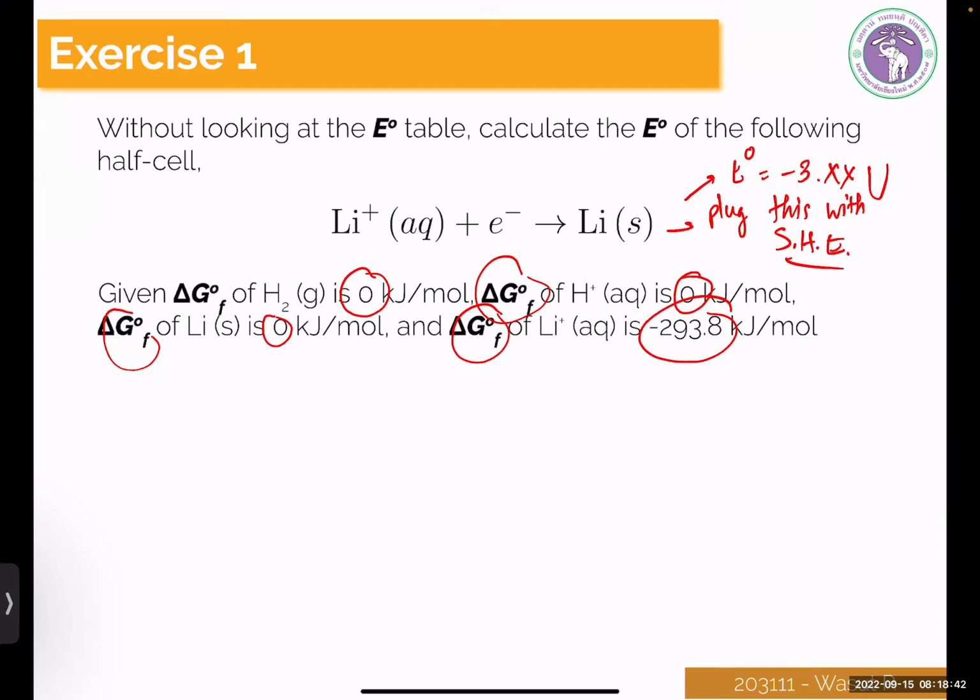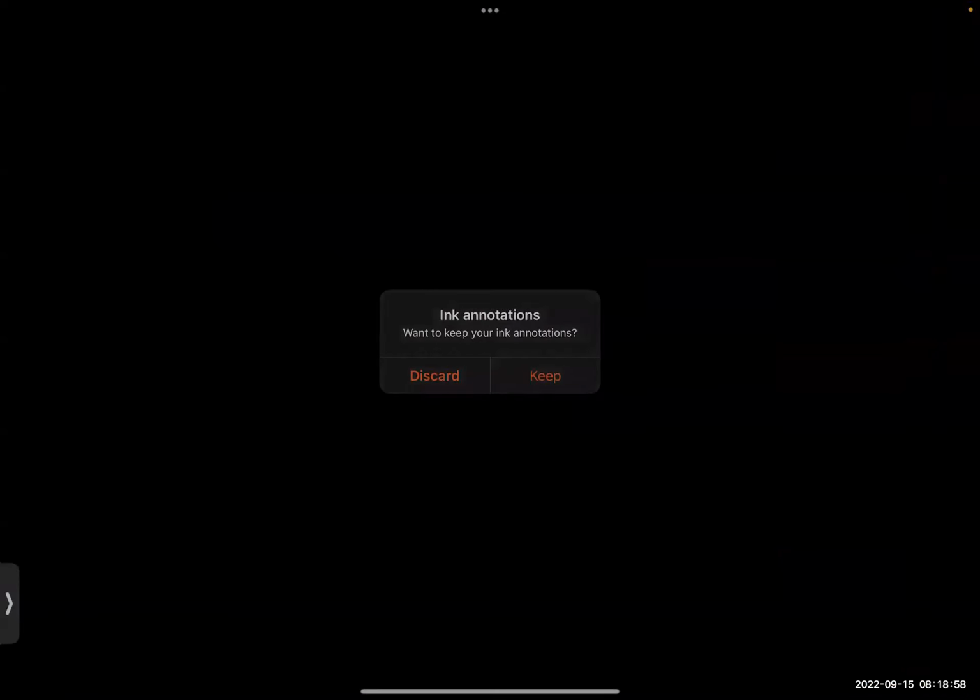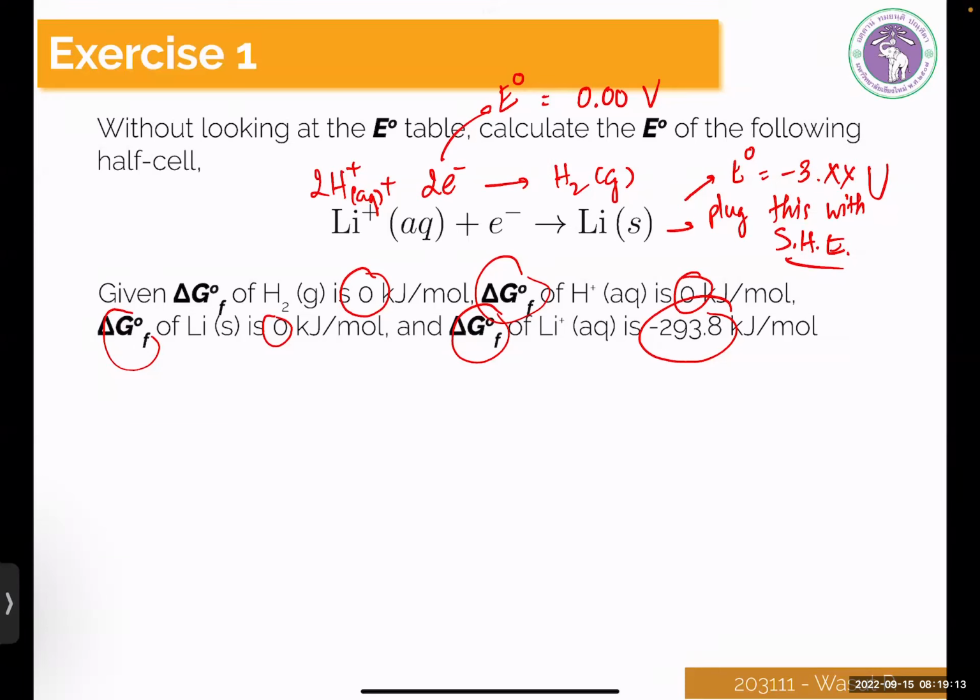So we plug this in with 2H plus plus 2 electrons goes to H2 gas. We know the E naught of this half cell is 0.0 volts. Okay, that's what we know.